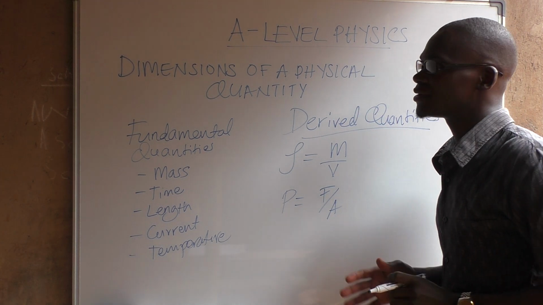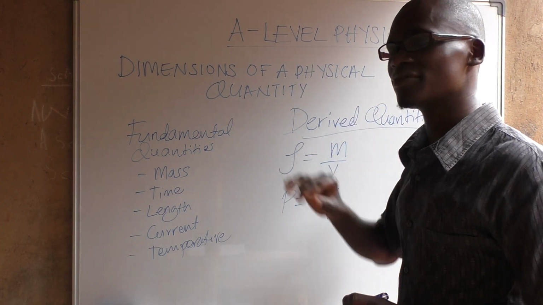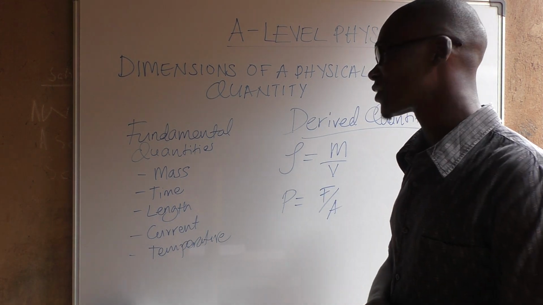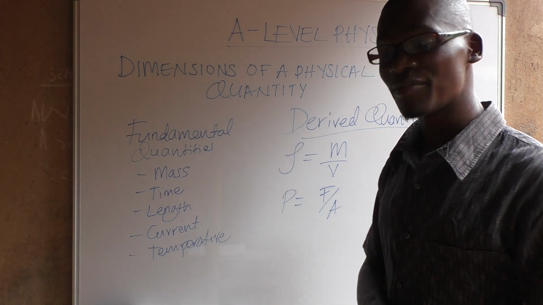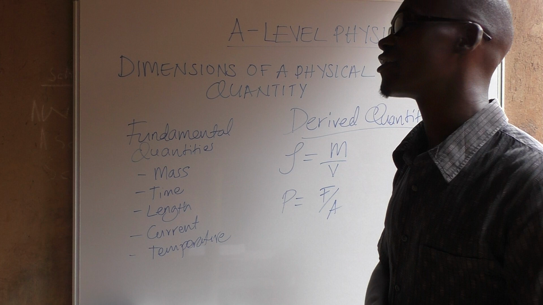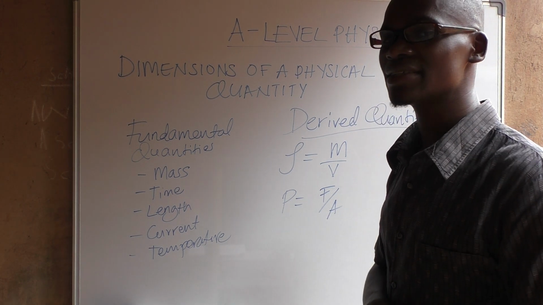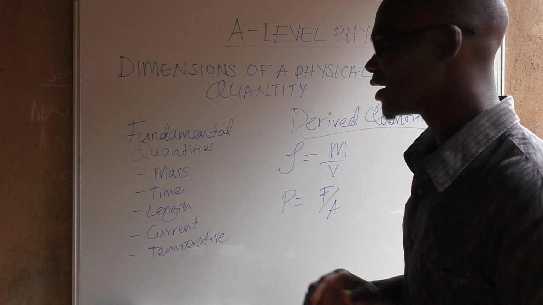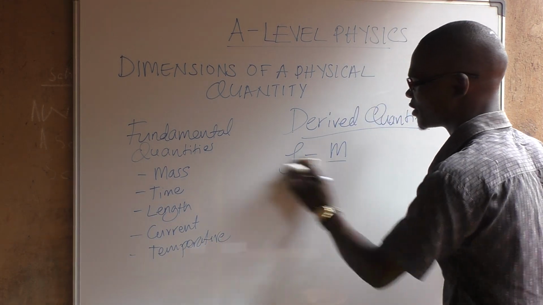Therefore, we come back to our topic of the day, dimensions of a physical quantity: the way derived quantities are related to fundamental quantities. How do we obtain dimensions of a physical quantity?